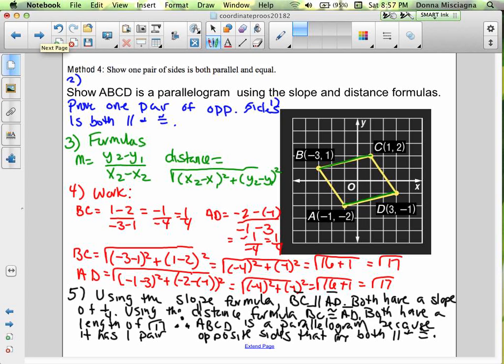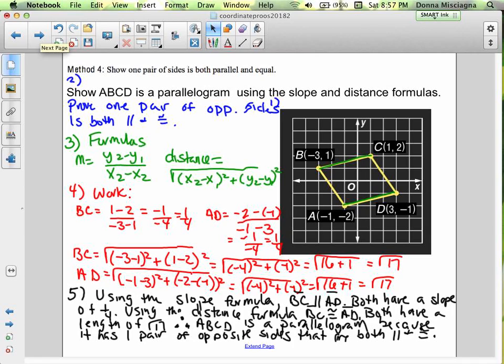Therefore, ABCD is a parallelogram because it has one pair of opposite sides that are both parallel and congruent. And there we go. Look at that. We did everything in less than 9 minutes while I was talking the whole way.